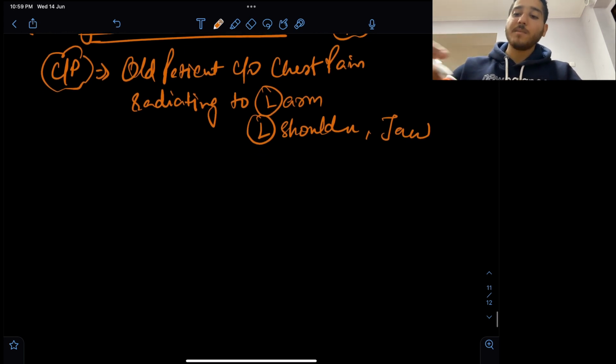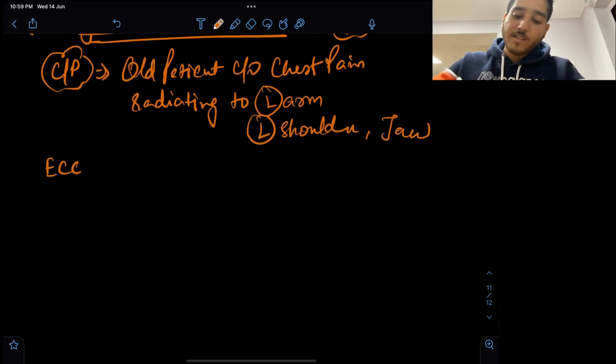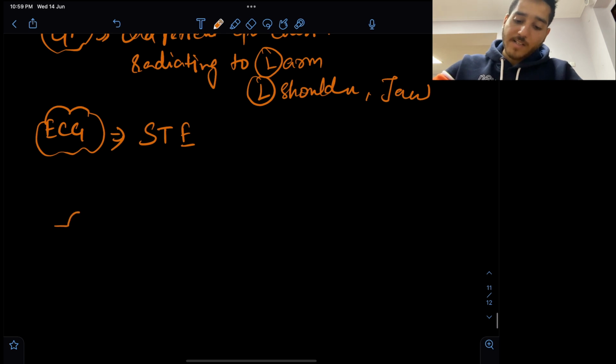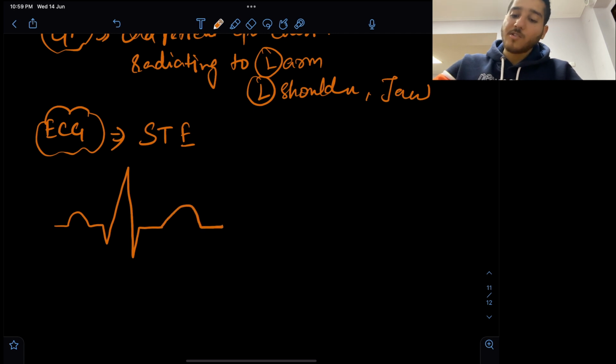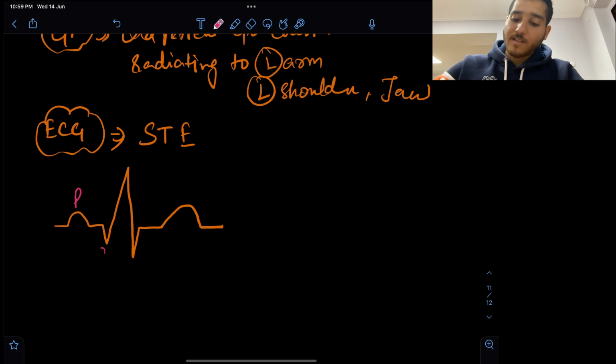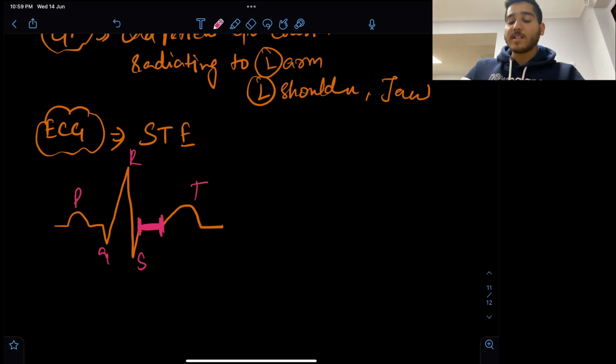Then, in any patient of chest pain, you do ECG. In ECG, there will be ST segment elevation. I'll tell you what the ST segment is. This is the normal PQRST. The segment between S and T is the ST segment.